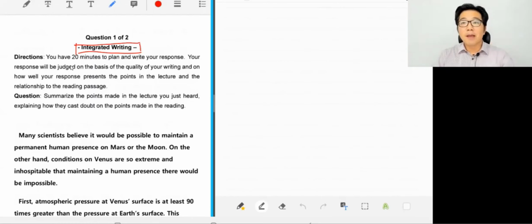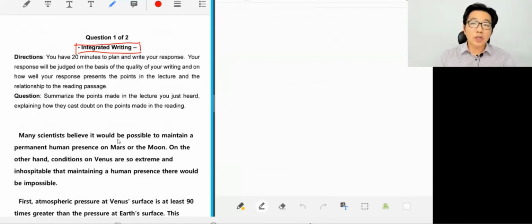So let's go. Direction: you have 20 minutes to plan and write your response. So the timing. First of all, you will be given 3 minutes extra to read the reading passage and make notes within 3 minutes.